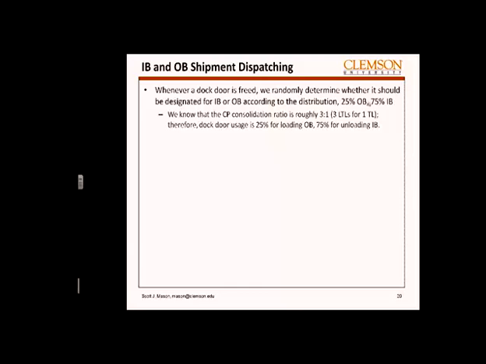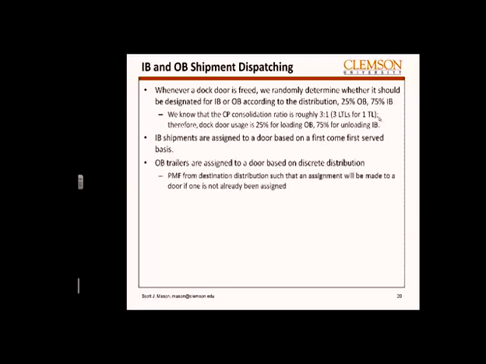So we probabilistically assign doors based on this 3-to-1 ratio. These inbound shipments are based on first come, first served basis to an inbound door that's available. These outbound trailers are assigned to a door, again, based on the probability mass function we talked about before, based on whether or not the destination door has been assigned.